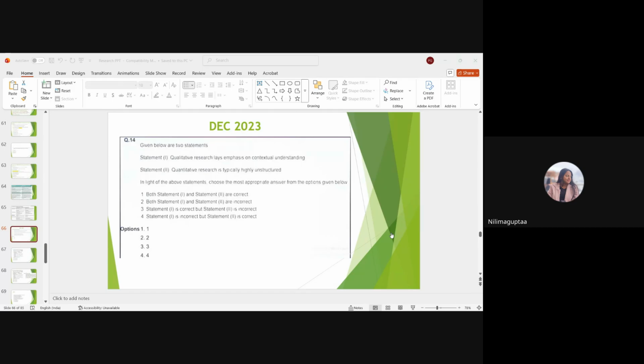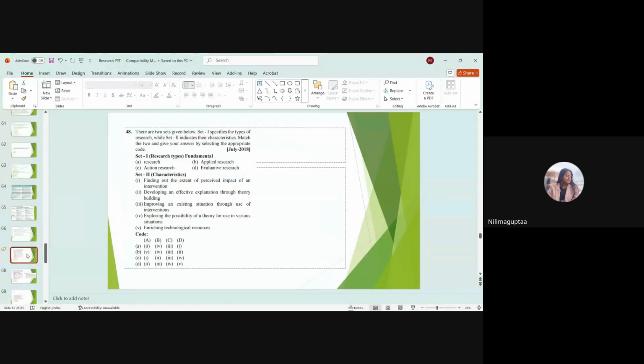Perfect, everyone. Statement 1 is correct and statement 2 is not correct. The second statement talks about quantitative research being highly unstructured, which is the opposite. Quantitative is structured and qualitative is not structured.